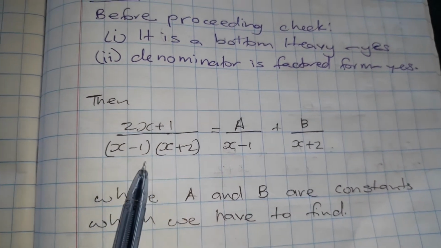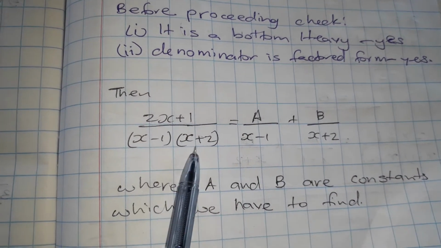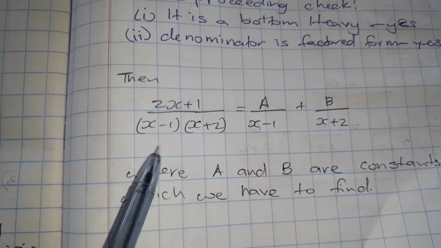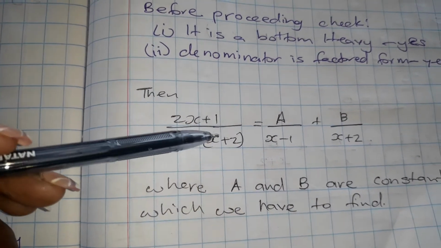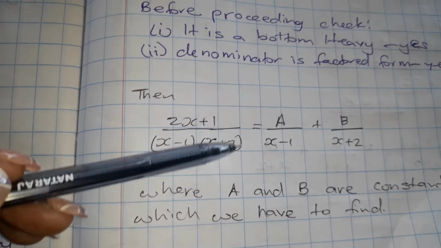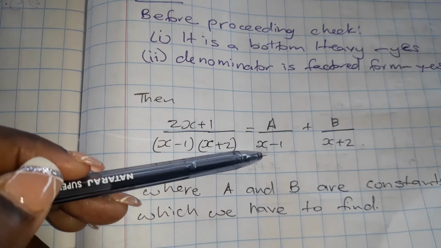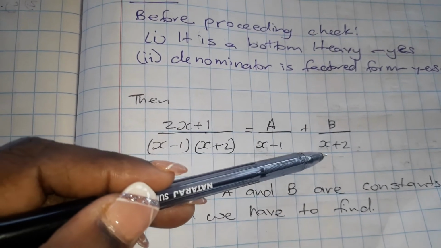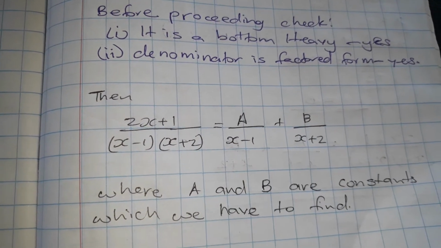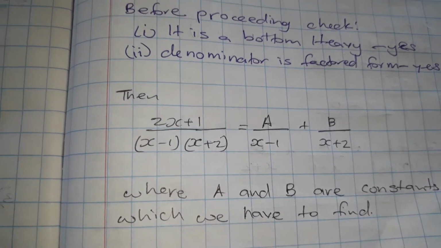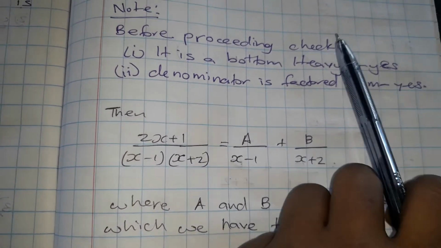So 2x plus 1 over (x minus 1)(x plus 2). We are going to give a numerator separately for each factored denominator. For this case, A upon x minus 1, B upon x plus 2, where A and B are the constant terms that we have to find. Okay, let's proceed.